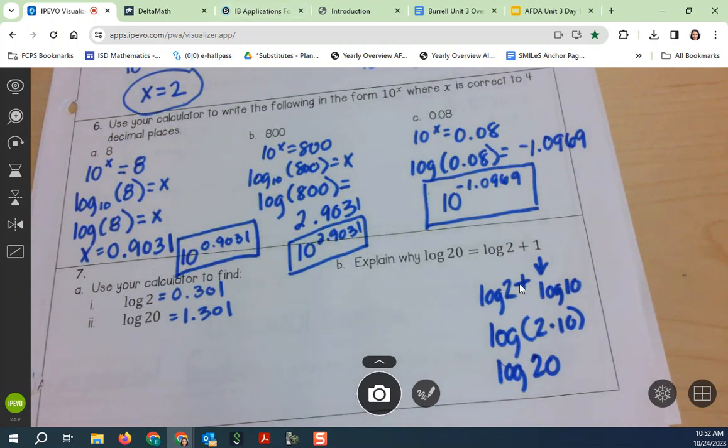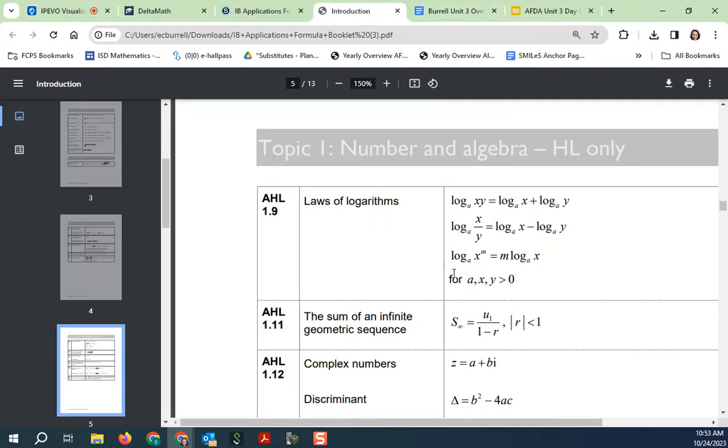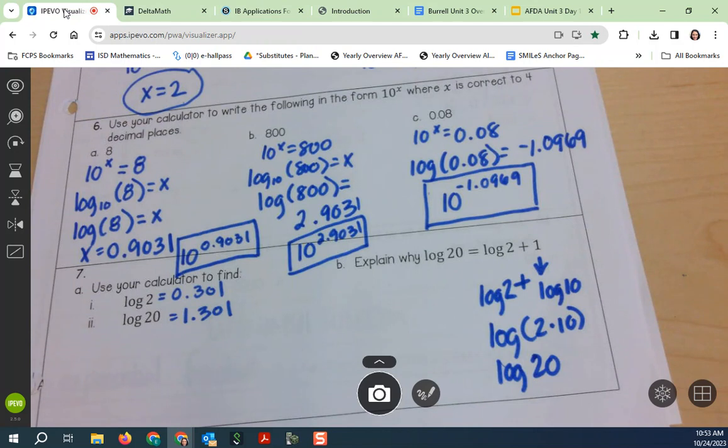So if you have two logarithms with the same base, you can do the logarithm of the products of the arguments, and it's going to give you log 20. I suggest that you spend some time looking over these and considering how those might apply, because there's not a whole lot of applications in these notes. All right, let's turn the page.